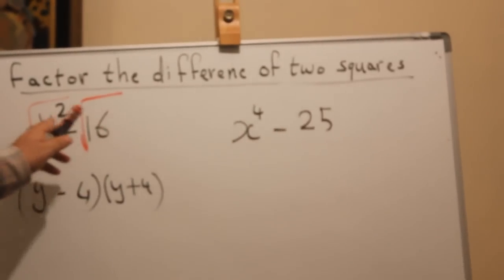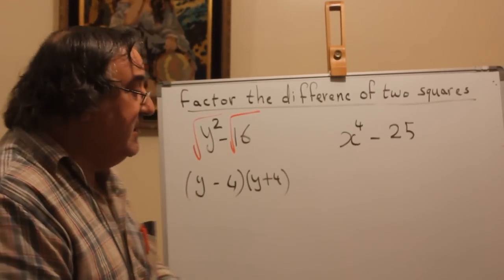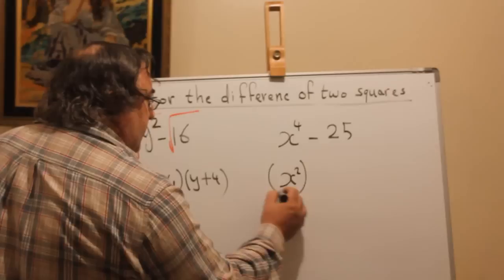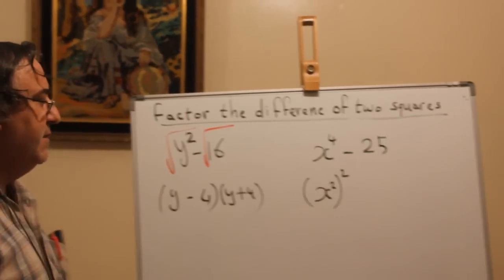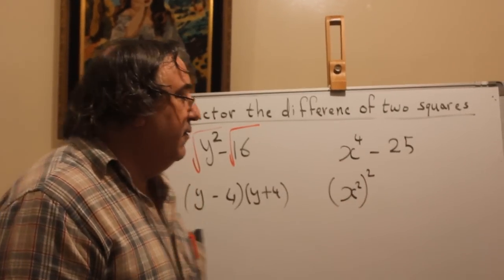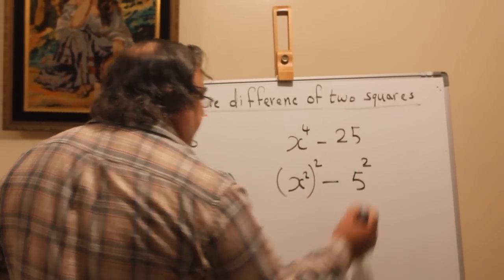Now look here. Sometimes the power is higher than 2. As long as it is even, I can change this one into x squared to the power of 2. You remember, power to the power: 2 times 2 gives x to the power 4. And this, I can make it 5 squared.